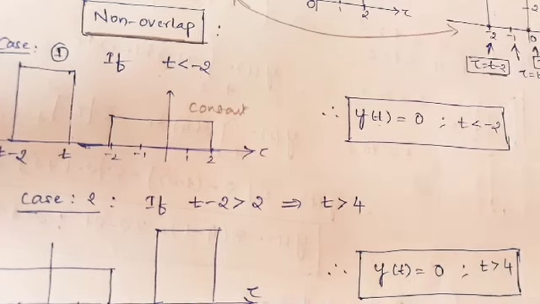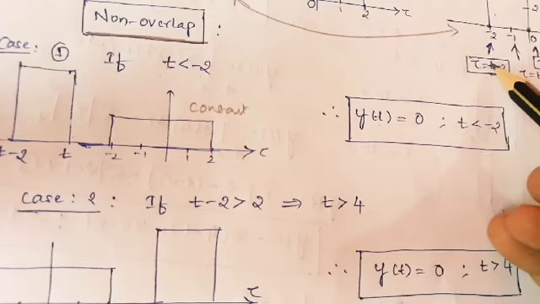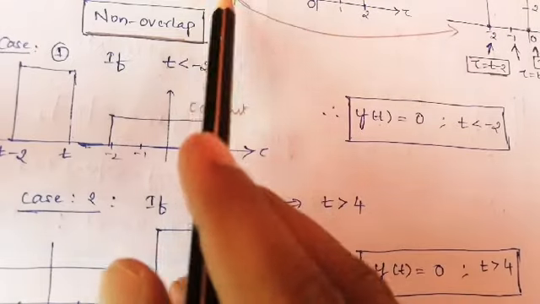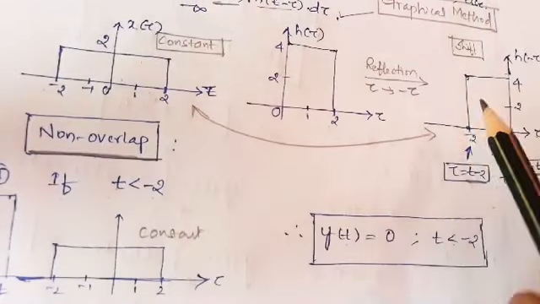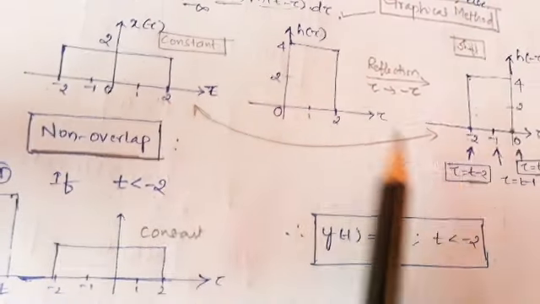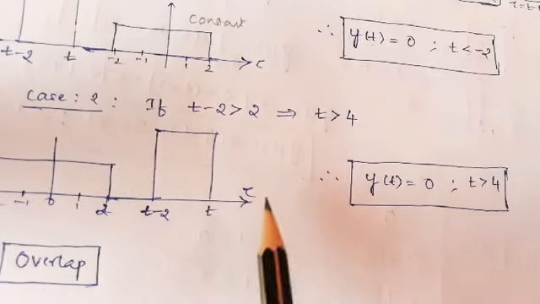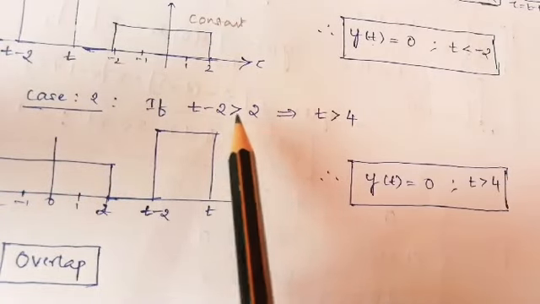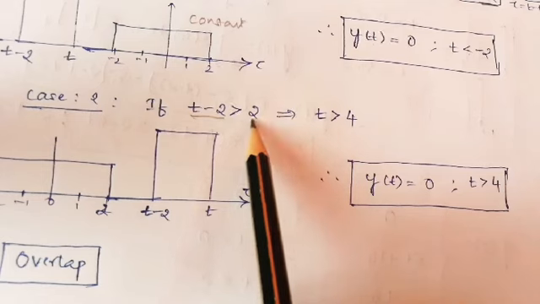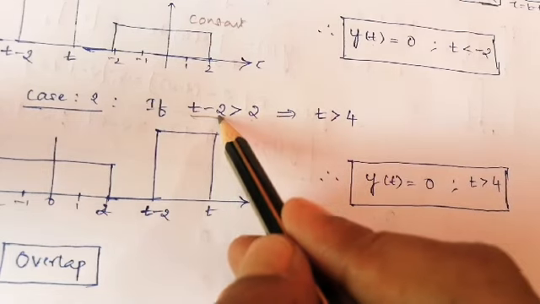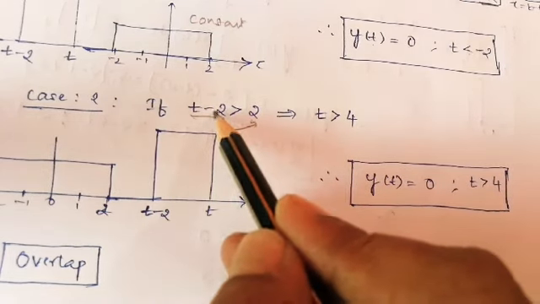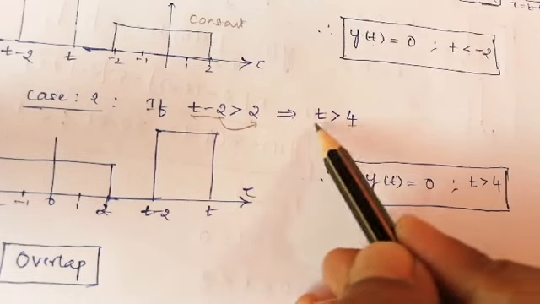One more non-overlap case we get is if the other end, t minus 2, is greater than 2. If you take minus 2 to this side it becomes plus 2, and 2 plus 2 is 4, hence t is greater than 4.